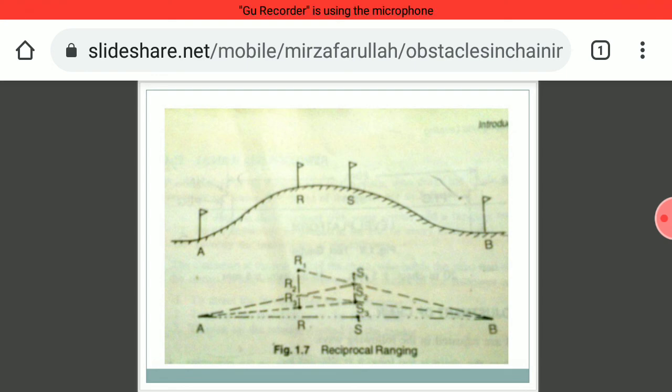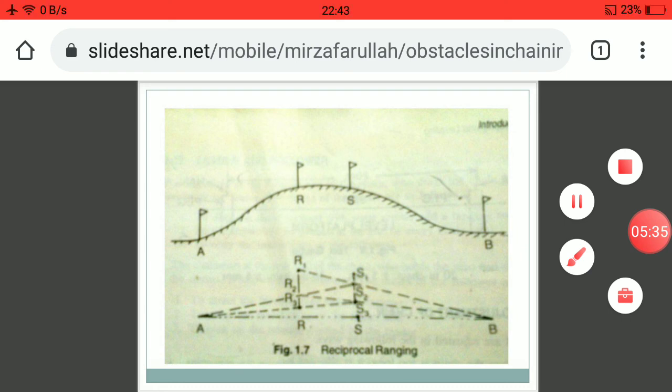You can chain the distance, but there is an obstruction for ranging from one point to other point. The obstruction here is the risen ground. So we will be using the reciprocal ranging technique to measure the distance between point A and B. Okay, next we will go to the next section, that is the next classification.